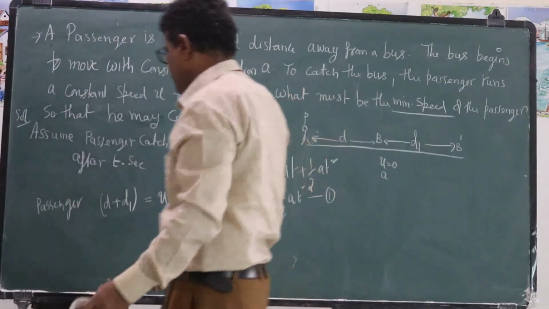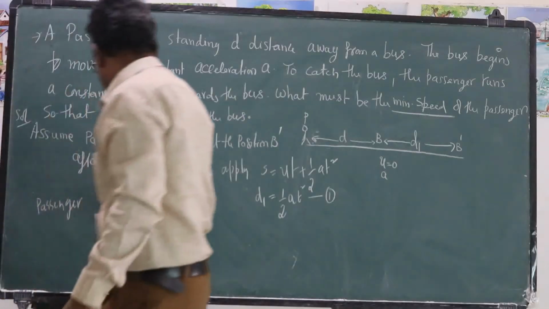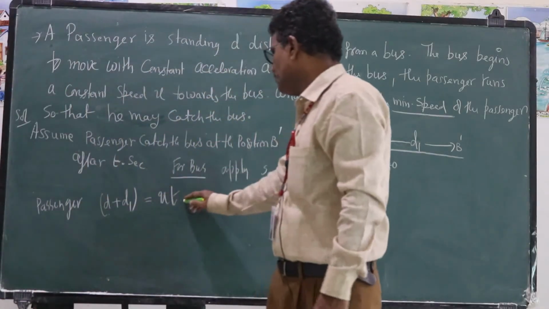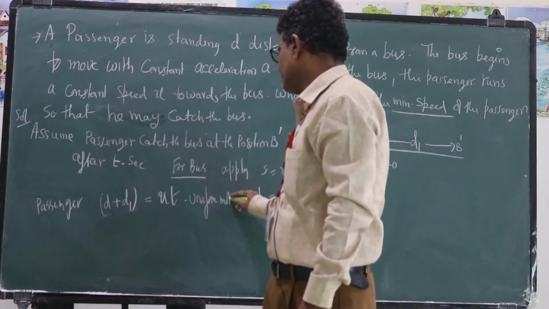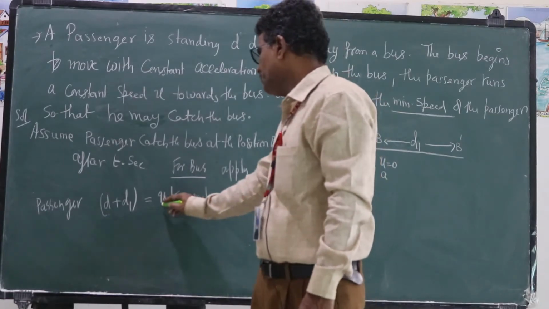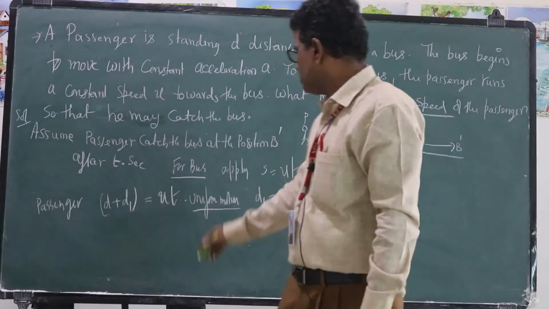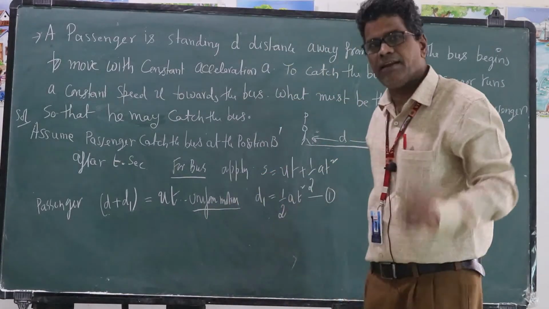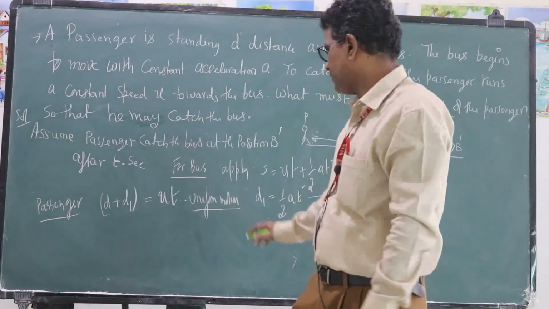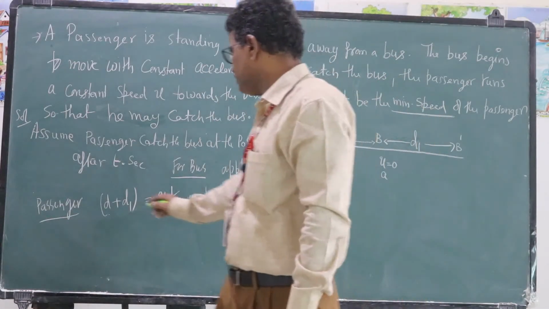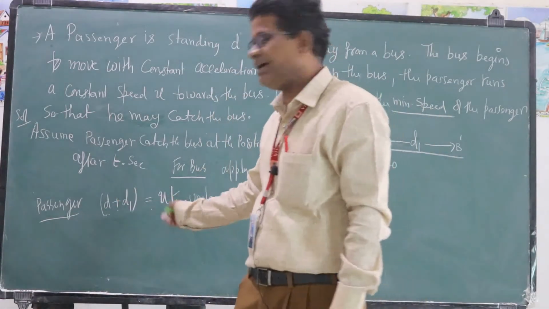For the passenger, this is uniform motion because he has uniform speed. For the bus it is accelerated motion, for the passenger it is uniform speed. In uniform motion, distance is equal to speed into time.